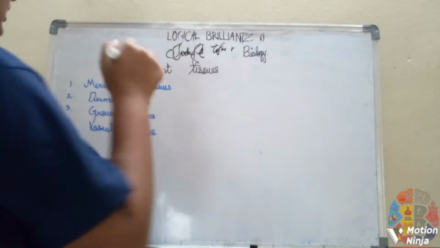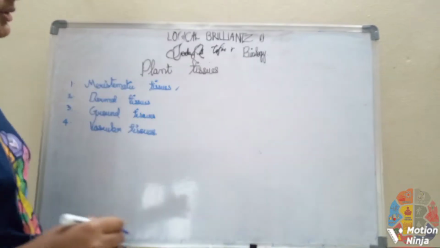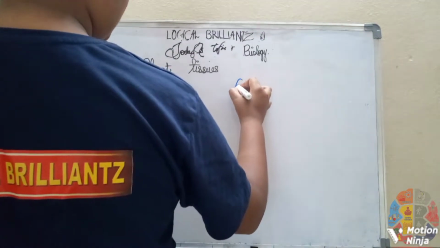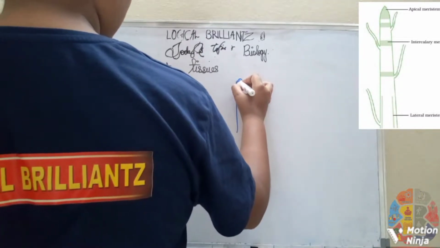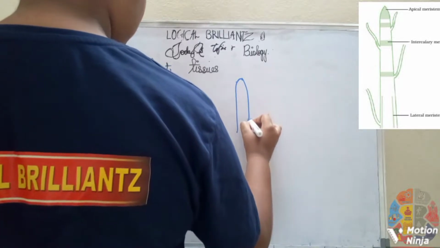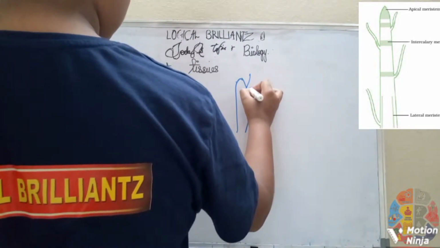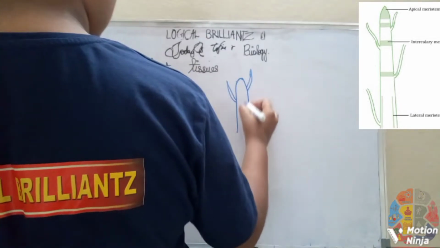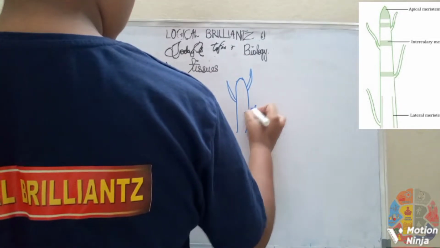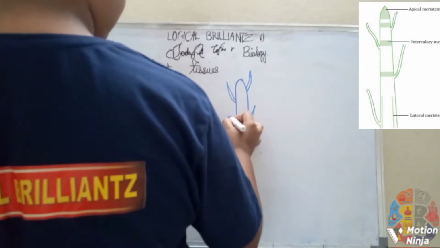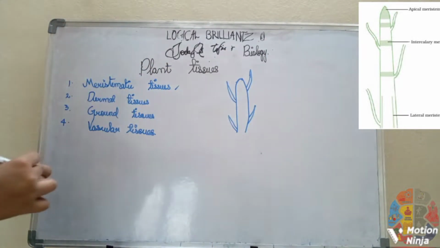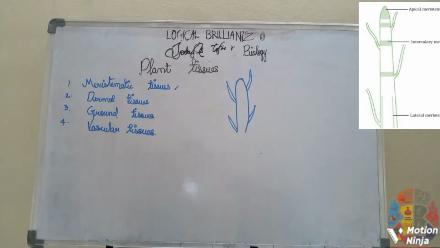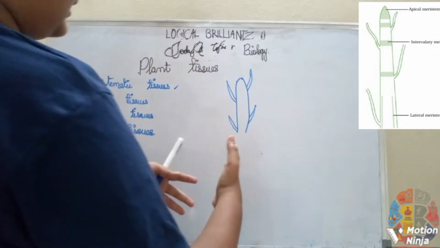So firstly, meristematic tissues. See, the meristematic tissues will be at the tip, sides and edges of the plant.